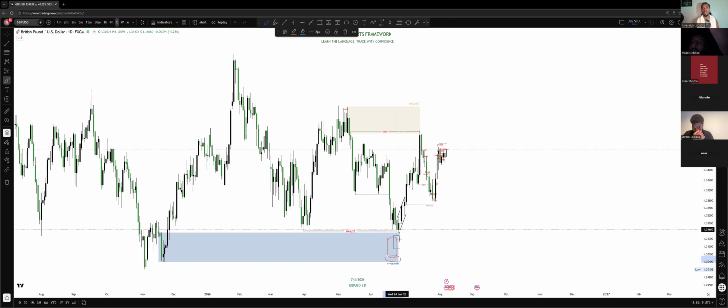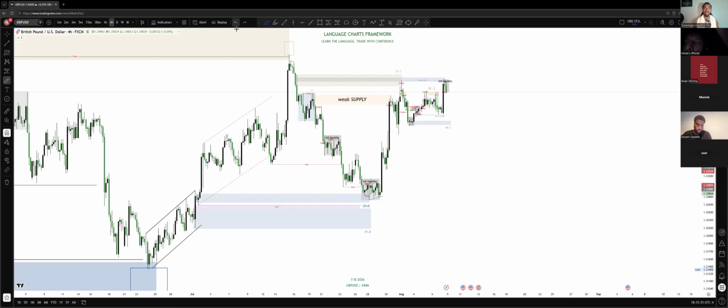Price knew that if it came any deeper, which it couldn't, the level of reaction out of this zone would have been enough to push through, simply because of the amount of liquidity here that's not even being used. So let's carry on.